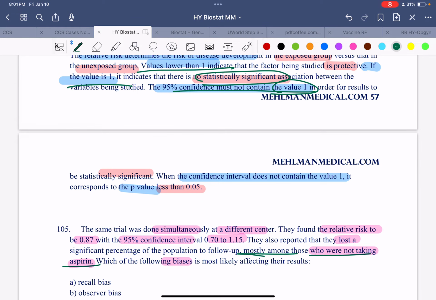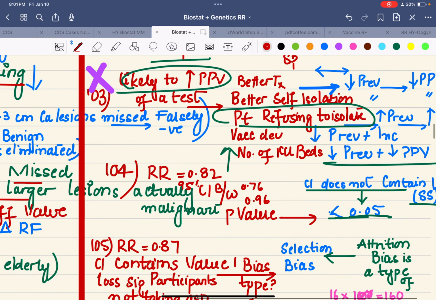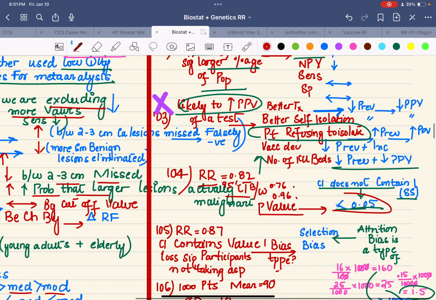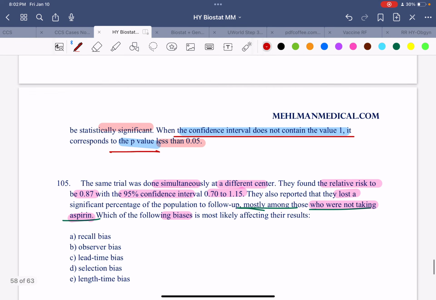And when the confidence interval does not contain the value 1, then the p-value should actually be less than 0.05. So that is the same thing over here. Relative risk is 0.82, 95% confidence interval is from 0.76 to 0.96, does not have the value of 1. So the p-value should be any value that is less than 0.05, because the confidence interval does not contain 1, so it is statistically significant.